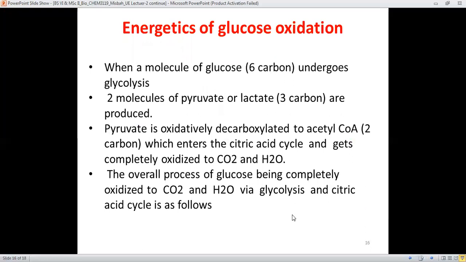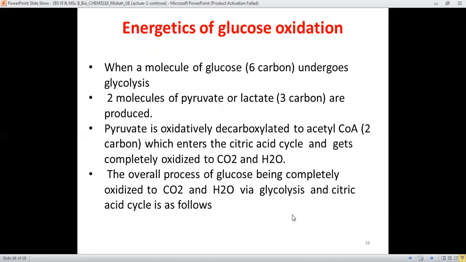Next are the energetics of glucose oxidation. It means that the glucose which we have taken in our food goes through glycolysis, then enters into the Krebs cycle or the citric acid cycle. Then we can conclude that one molecule of glucose, which contains 6 carbons, undergoes glycolysis.